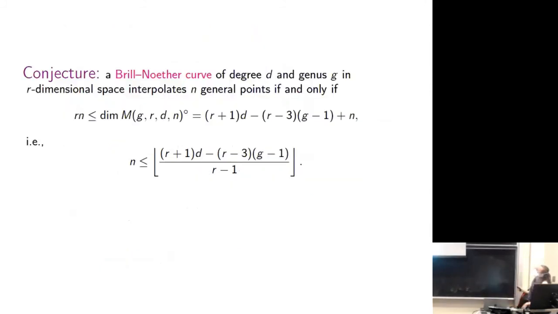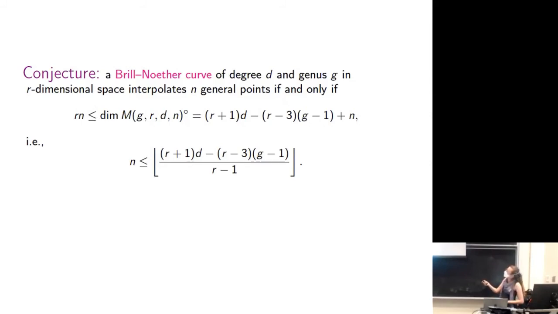So here's the conjecture. A Brill-Noether curve of degree d and genus g in r-dimensional space interpolates through n general points if and only if, well, remember we had to compare the dimension of the top space with the bottom space. The dimension of the bottom space was r times n. That was easy to compute.